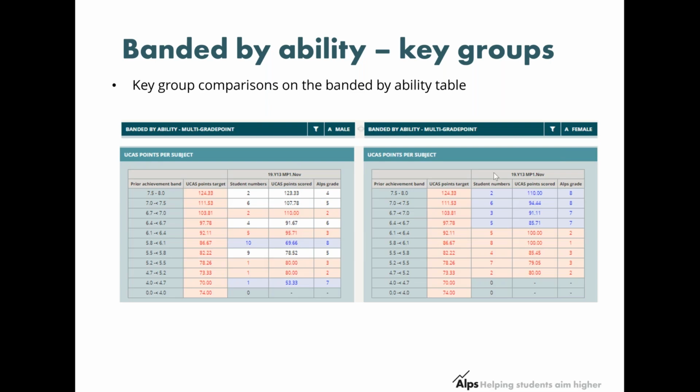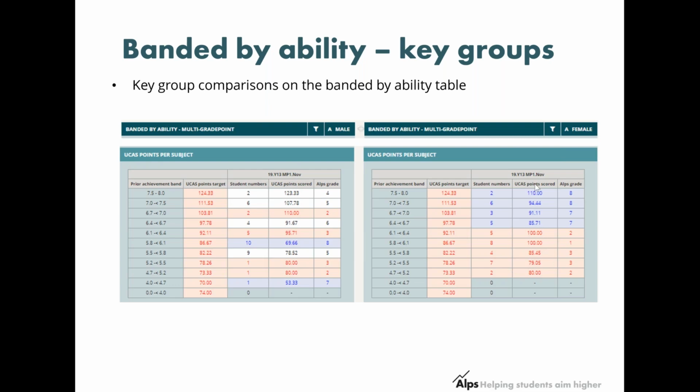Your girls are over here, and my goodness, you can see that the top performing girls are definitely out of kilter with one, their male peer group, and two, the girls who are less able coming into the school.